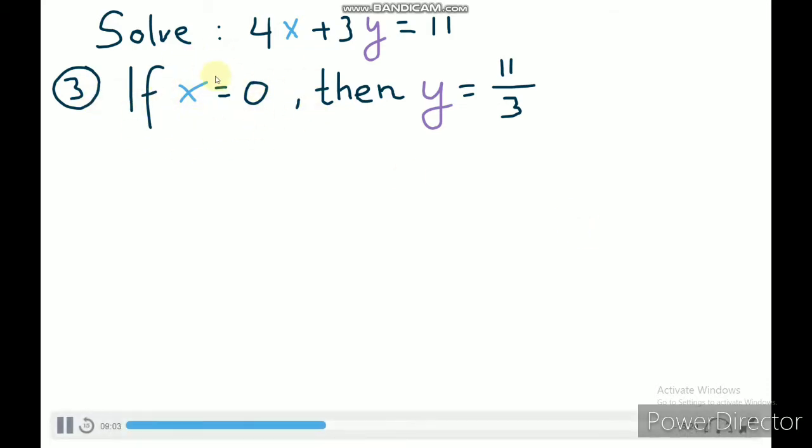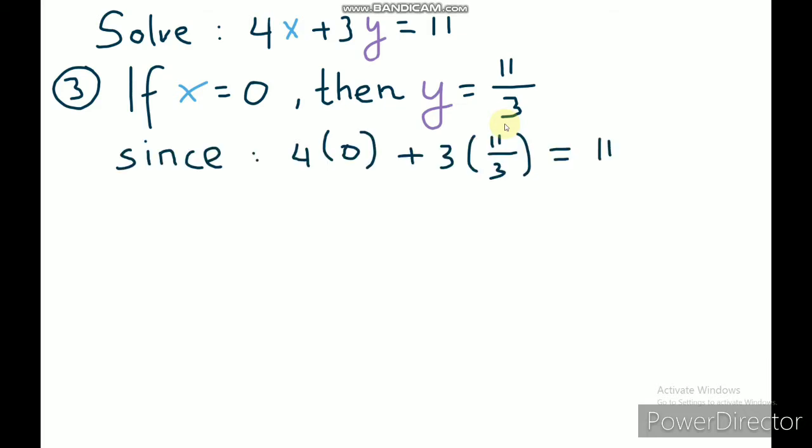If x equals 0, by my mental calculation, the value of y is 11/3, which is also true and acceptable, since all solutions must come from the real numbers, the real domain. It means we can involve any non-integers, any radicals, any rational numbers.